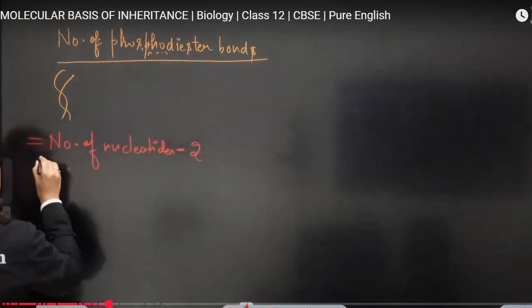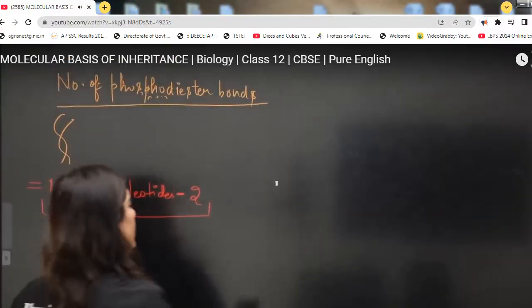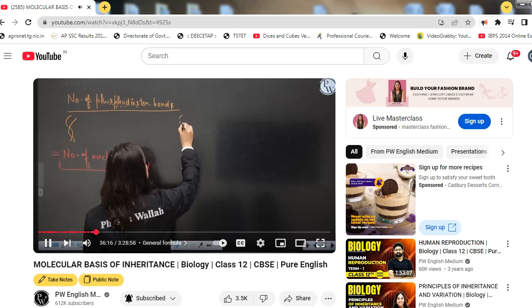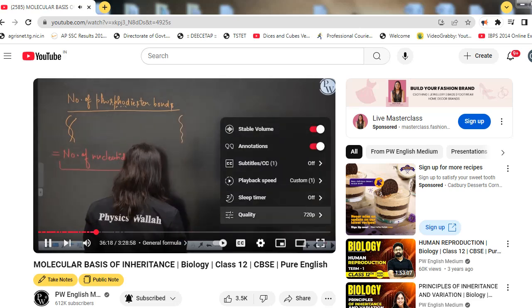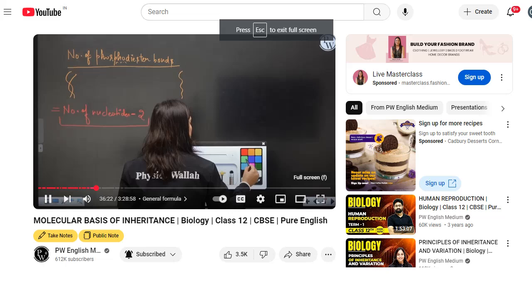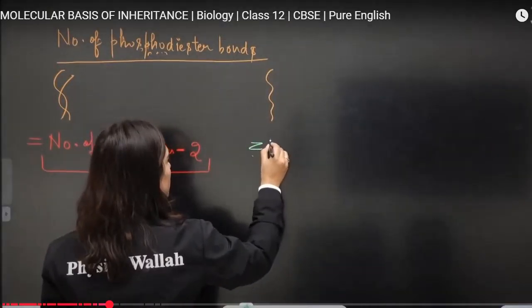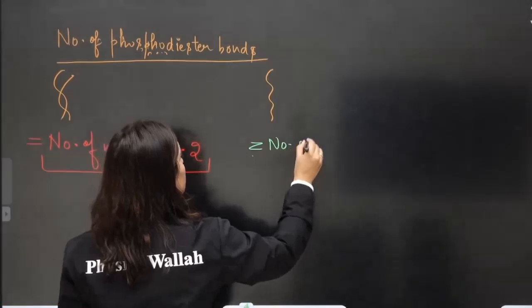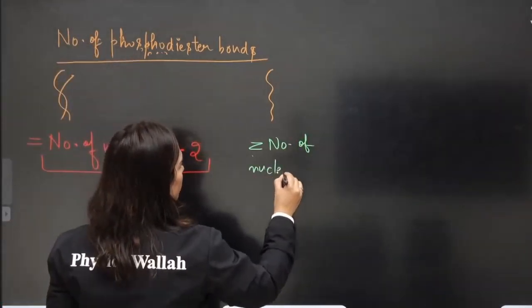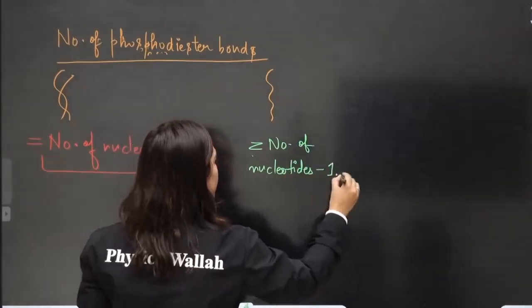In case the DNA is single-stranded linear, the number of phosphodiester bonds will be equal to number of nucleotides minus 1.